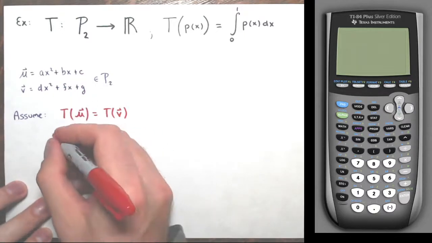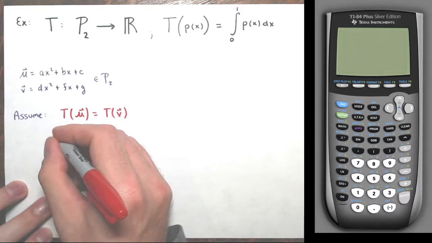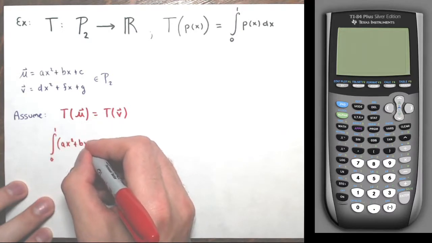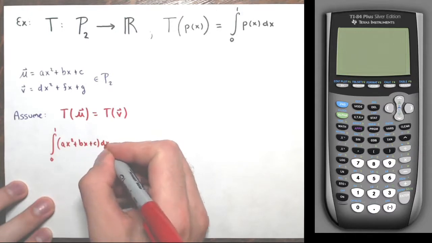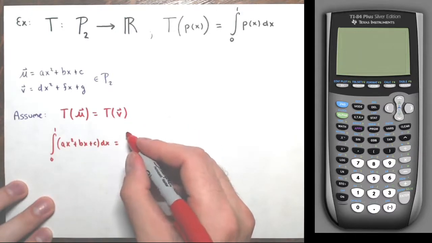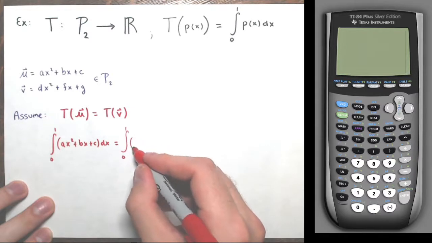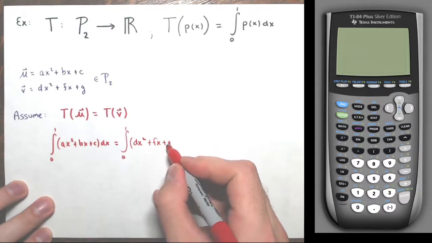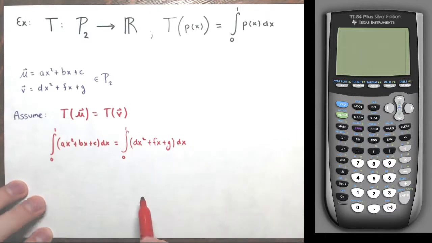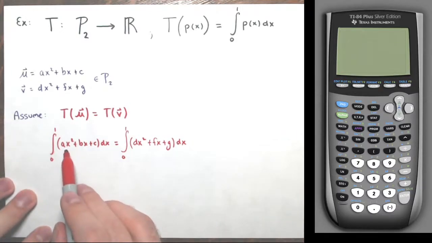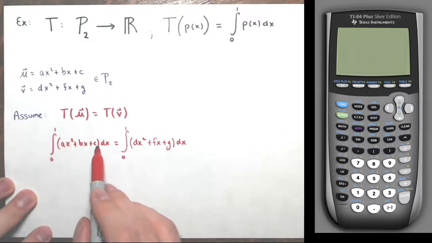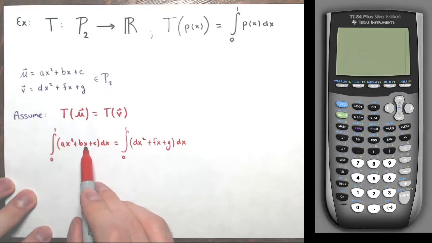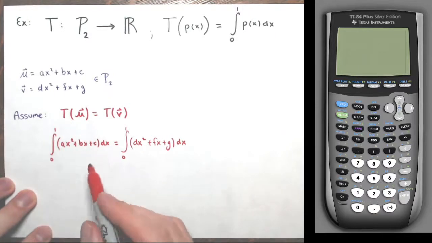Well, T of u would be the integral from 0 to 1 of ax squared plus bx plus c dx, and T of v would be the integral from 0 to 1 of dx squared plus fx plus g dx. Remember your calculus, this can be a number. Now if I do the antiderivatives, it'd be a divided by 3 times x cubed plus b divided by 2 times x squared plus cx, and I plug in 1, plug in 0.